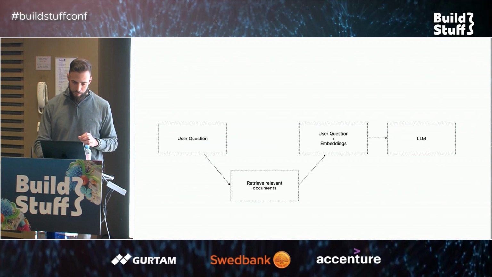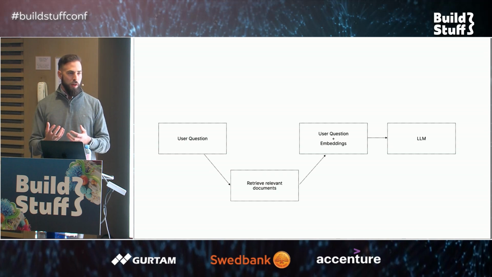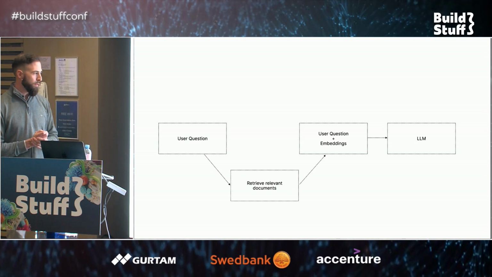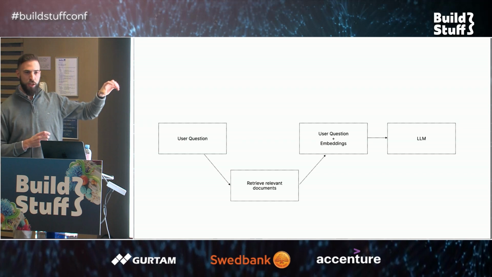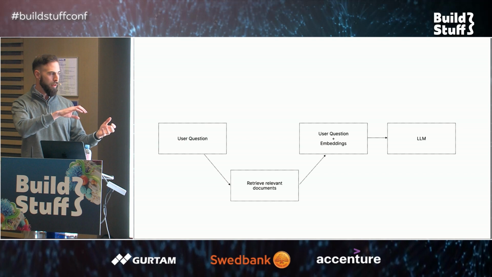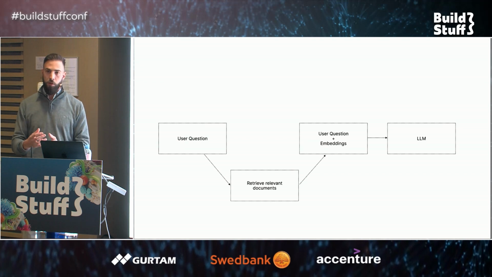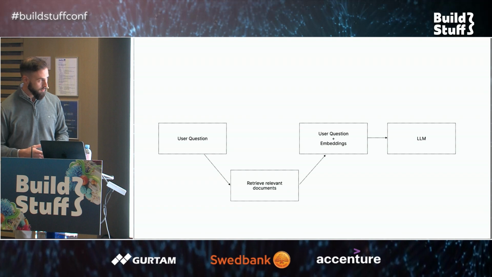So what we want to happen now, if a user asks a question, first of all, we're going to take the user's question. We are going to create an embedding for this. And with this, we are going to retrieve first all of what we think could be relevant documents. So we're going to do a similarity search through our vector database.